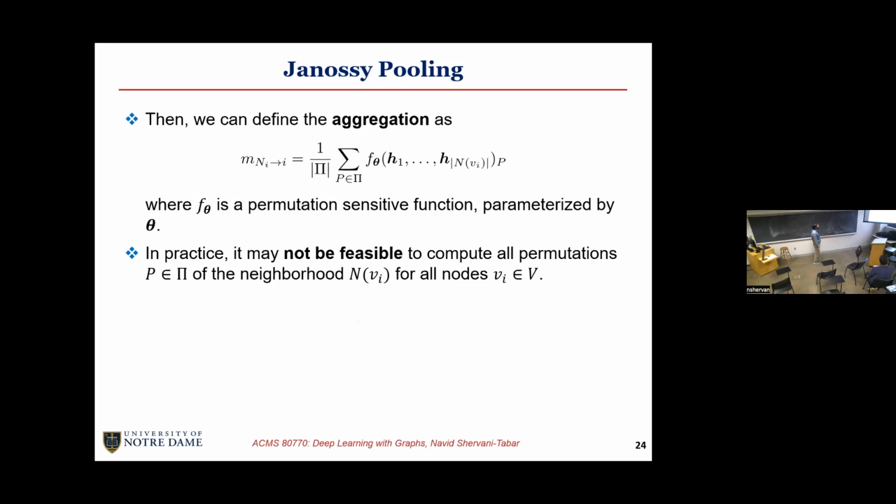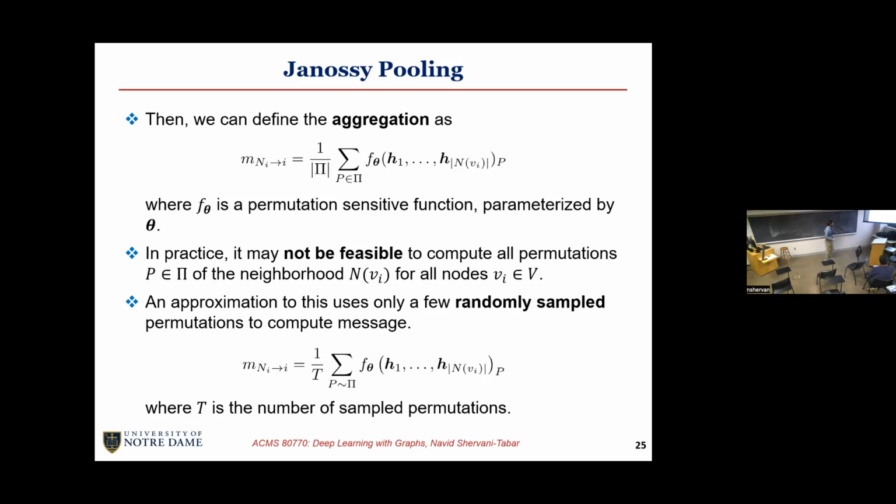So the way to do that is, let's say that we have this function, we want to approximate this with only a few permutations. So what we do is sample some permutations from this set, and then we only average over a randomly sampled number of permutations from this neighborhood.